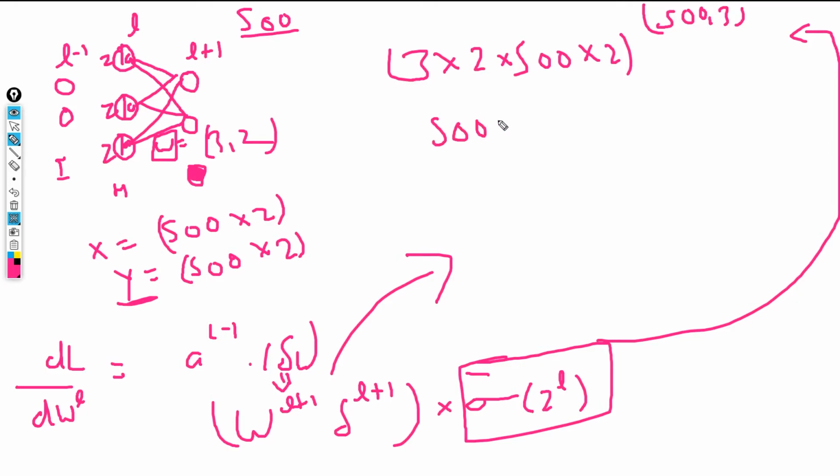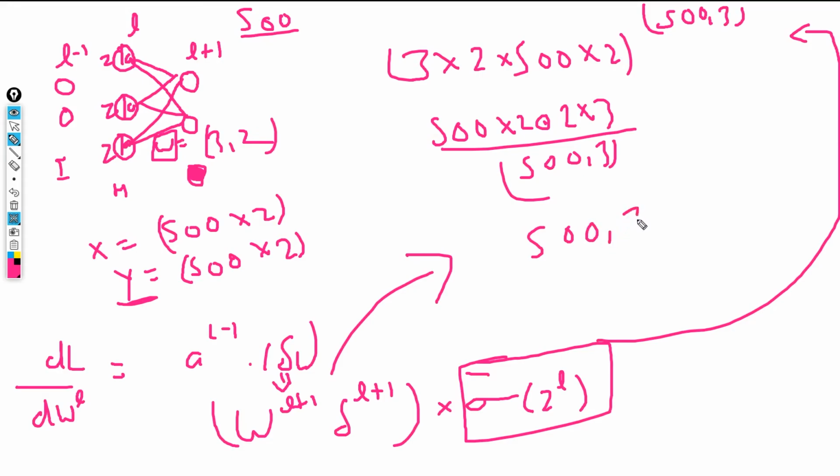So this is going to be 500 by 2 dot multiplied with 2 times 3. The output of this is going to be 500 by 3. Now if we normally multiply this 500 by 3 by this 500 by 3, then our output is going to be of the shape 500 by 3. Okay, so this is the shape of this part here, 500 by 3.